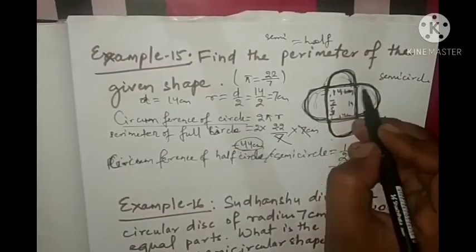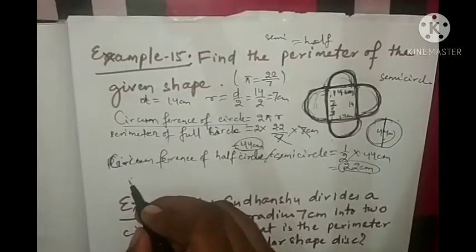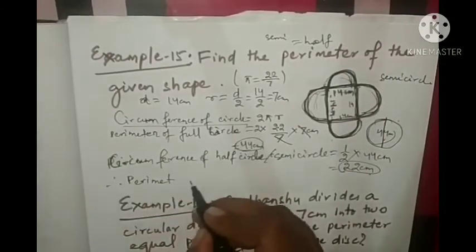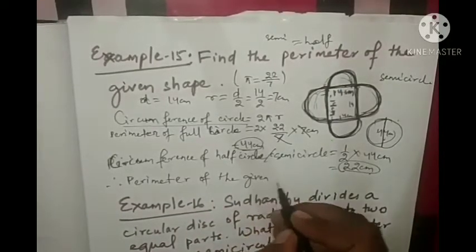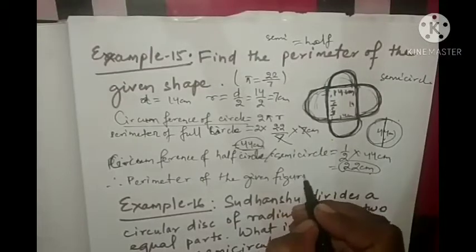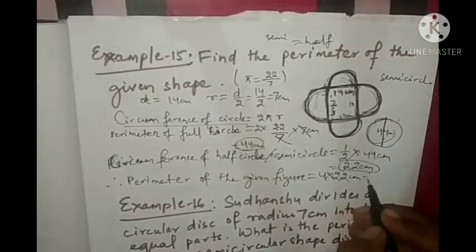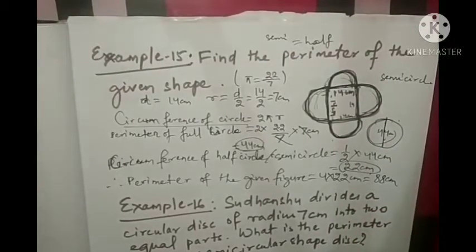How many semicircles do we have? 1, 2, 3, 4. So what will you write? Hence perimeter of the given figure equal to 4 into 22 centimeter. It is how much? 88 centimeter. So what had you done?